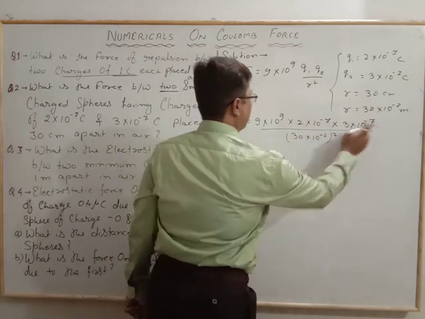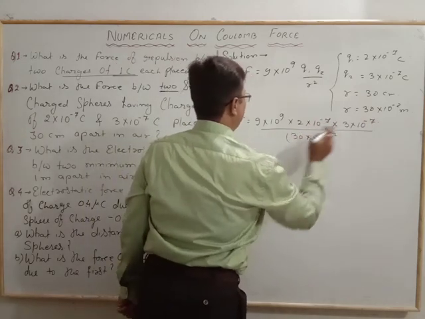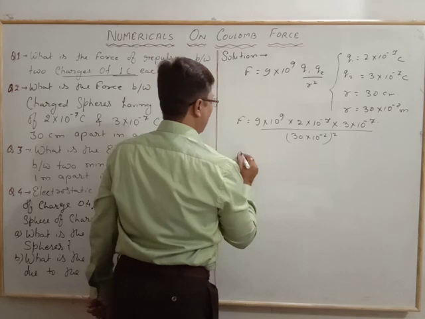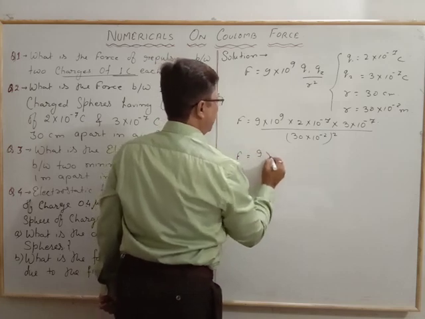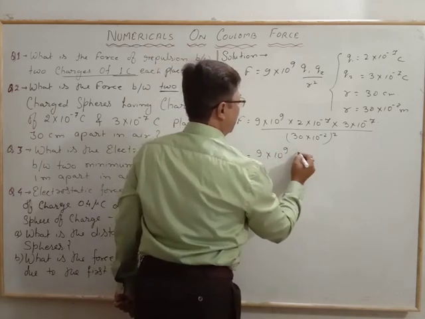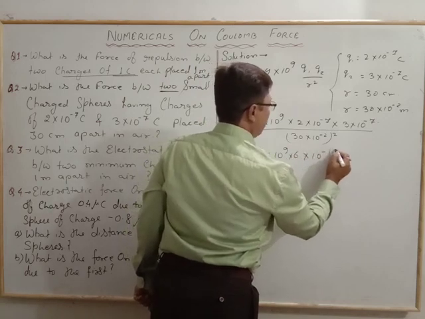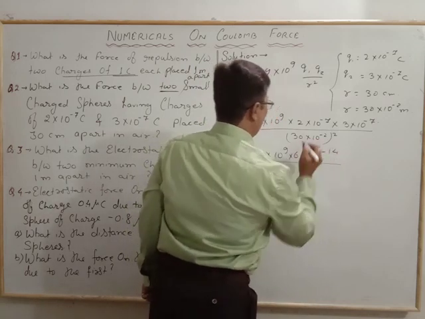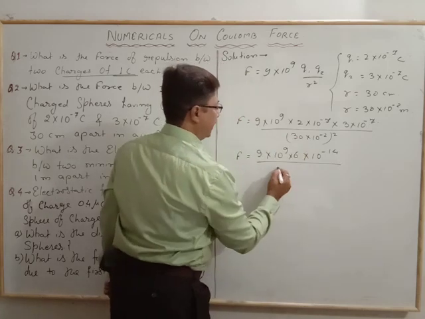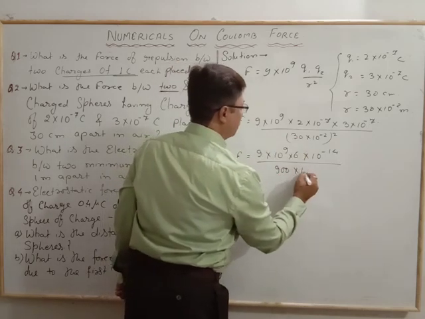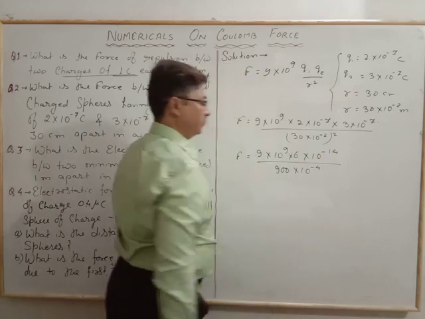Here the numerator gives 6 into 10 to the power minus 14, and the denominator is 900 into 10 to the power minus 4.